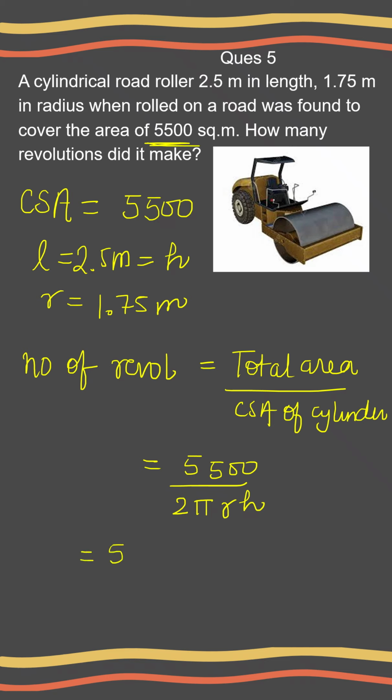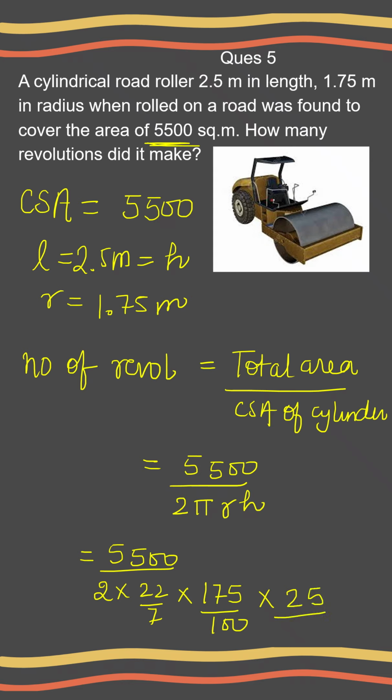Replace it by the original numbers. 5500 upon 2 into 22 by 7. r is 1.75, so 175 upon 100 into h, which is same as length, so 25 upon 10. Converting all decimal numbers into fractions.